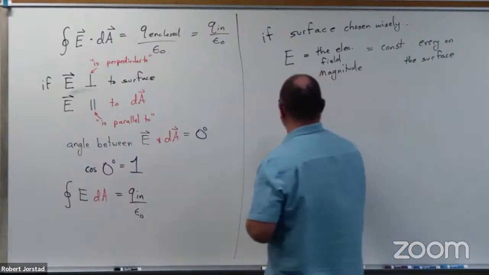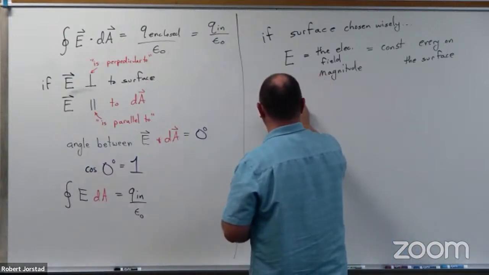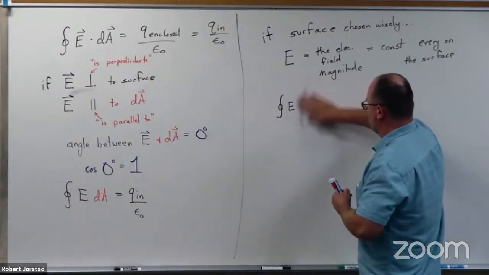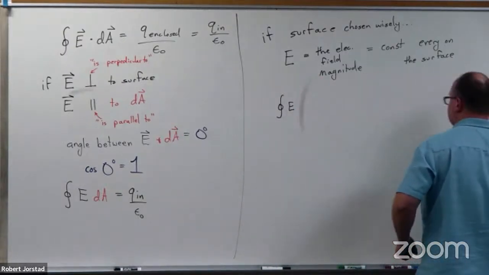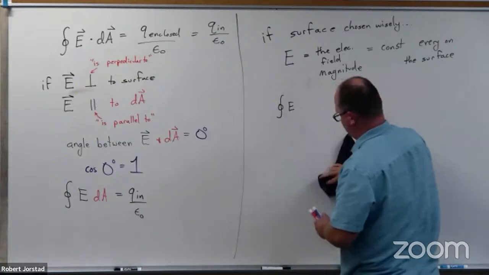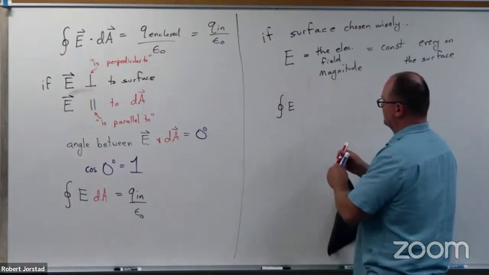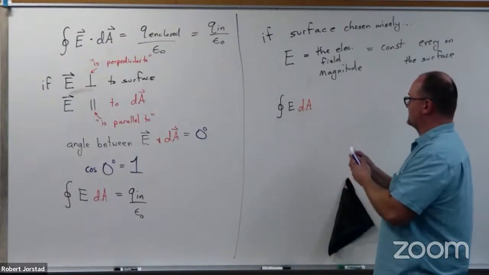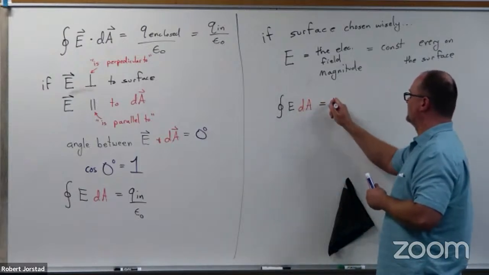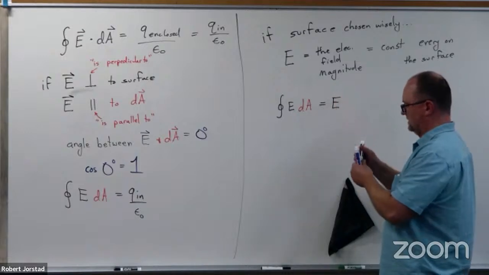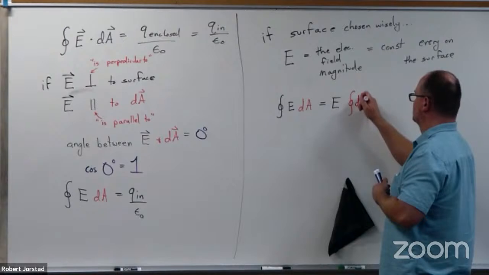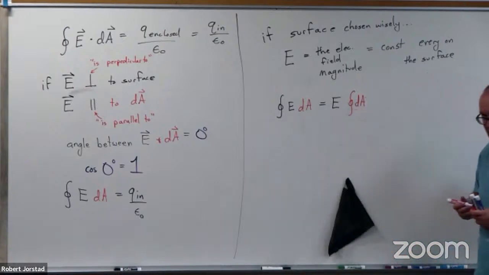That allows us to pop the electric field out. So look at this. If all the electric field arrows are the same size, this just becomes E times the integral of dA. And remember, what does that circle mean?